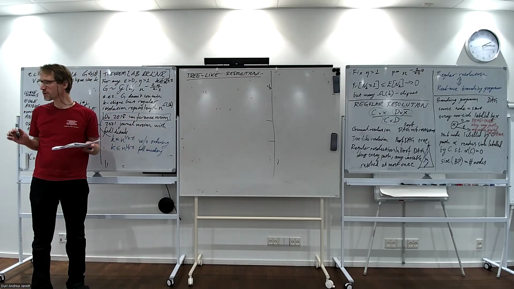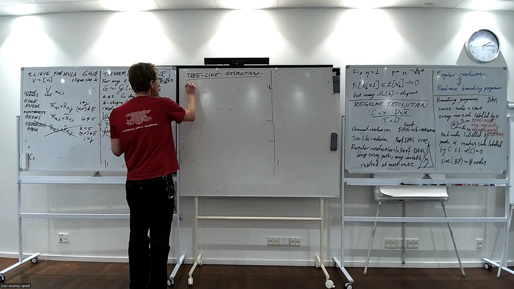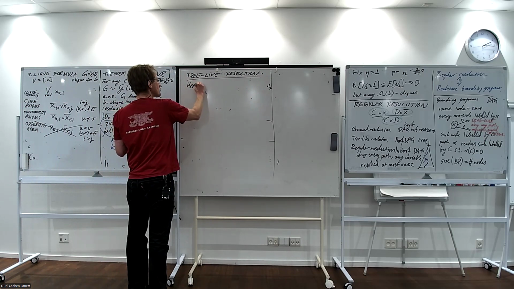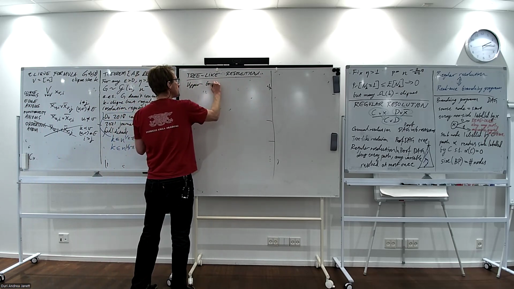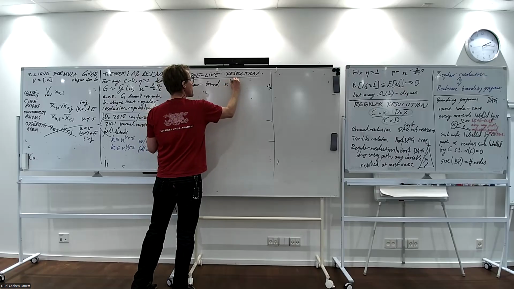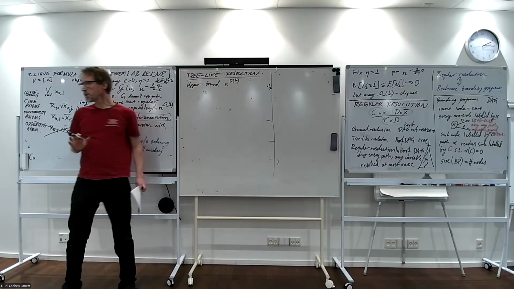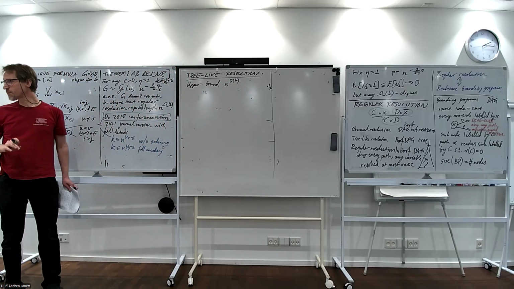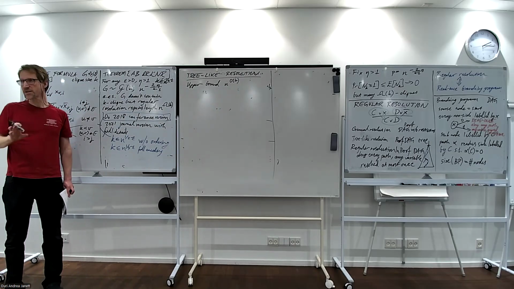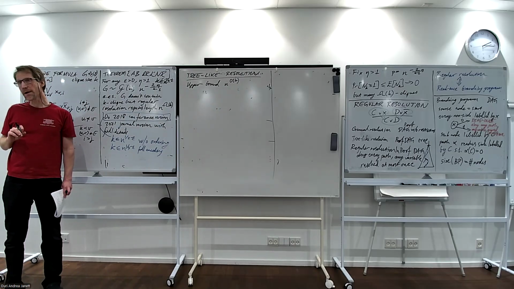What do we know for tree-like resolution? Well, it's worth noting that already for tree-like resolution, we have an upper bound n to the big omega of k. So we believe that this is essentially best possible, and already tree-like resolution can do it. Why?